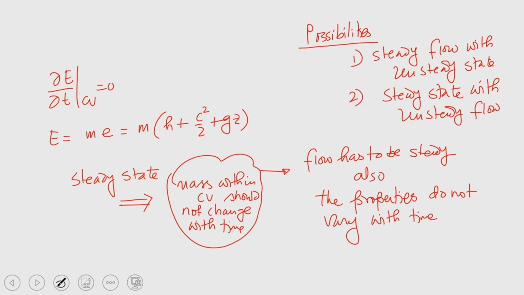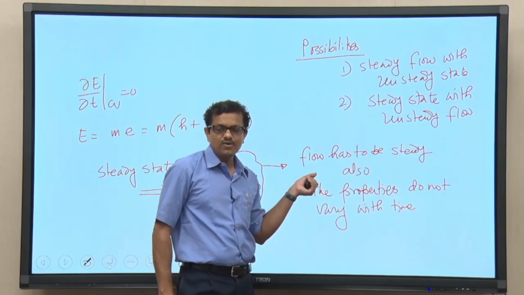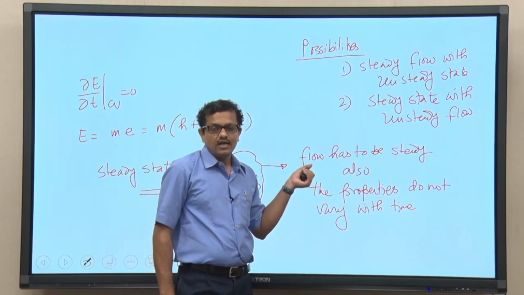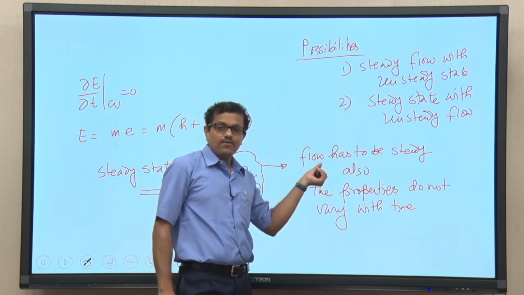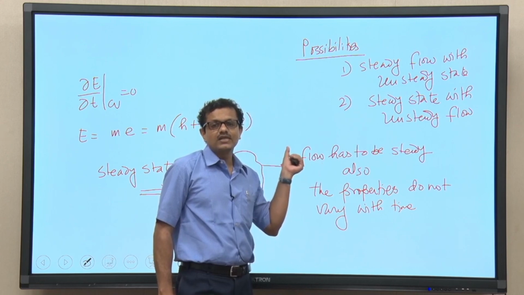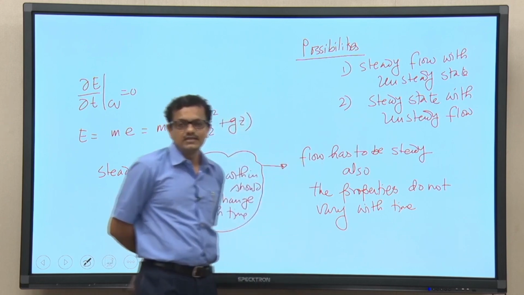This is the only important message that we get from today's class: if we need to have steady state, steady flow should be there, otherwise we cannot ensure that it would be steady state.